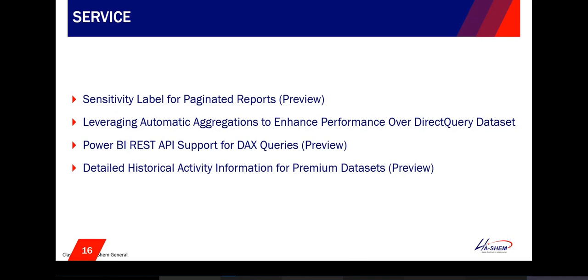So your report is well labeled in terms of security, because your data is very valuable information. Then also the automatic aggregation function enhances your performance over direct query data sets.